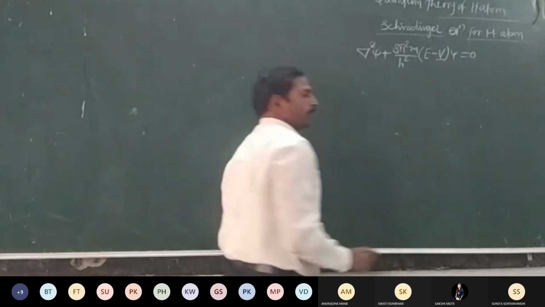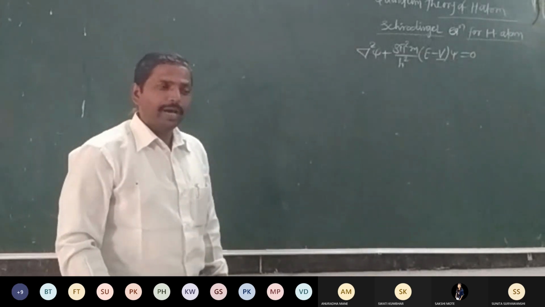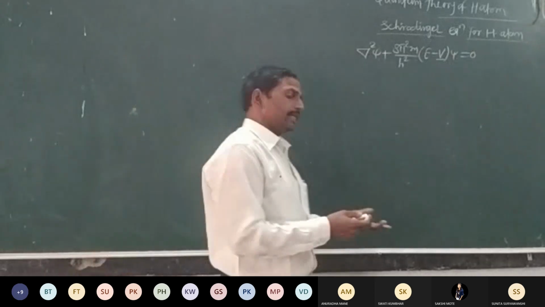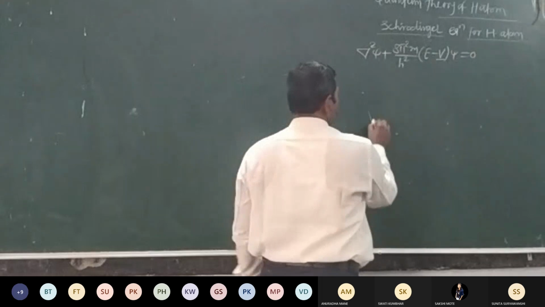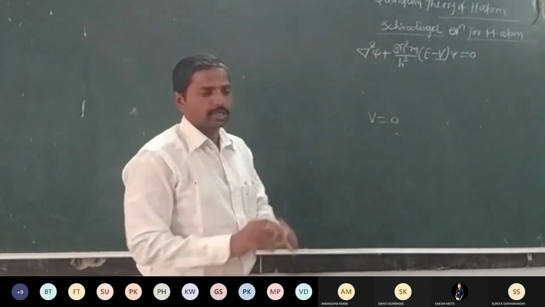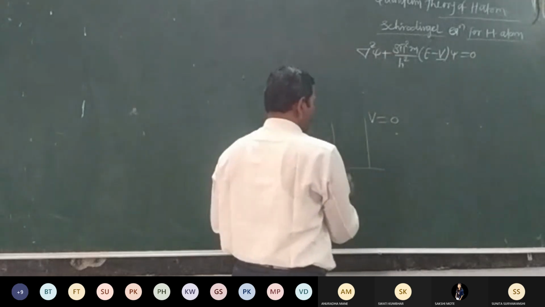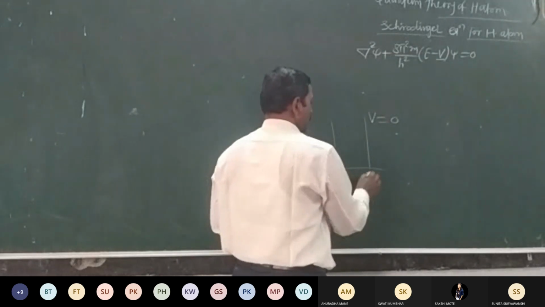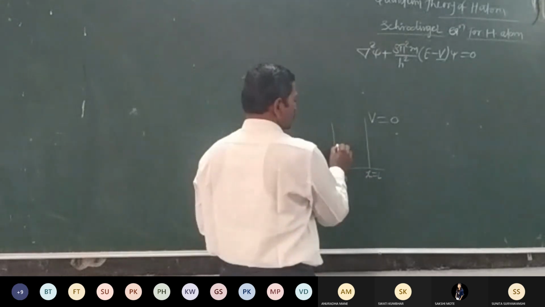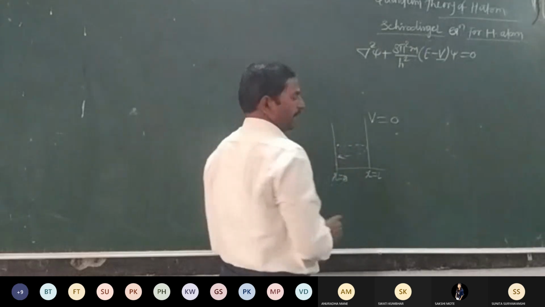this V is potential energy. If the particle is trapped or confined in a box, then its potential energy is considered as 0. In the previous case, we considered the potential energy of the particle to be 0. Why? Because that particle is trapped or confined in a box having boundaries x is equal to 0 and x is equal to L, and the particle moves along one direction only.